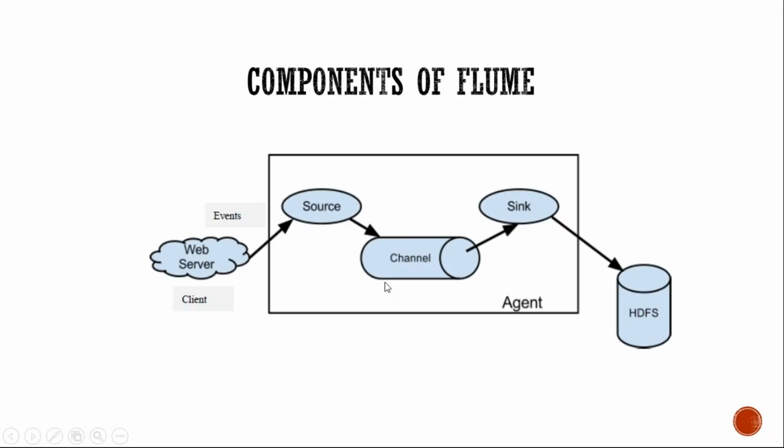But the problem is that the speed at which the data is generated at the source is not equivalent to the speed at which the sink is writing into HDFS. Because some network and I/O is required, since the data is written into a physical disk, there will be some issues or slowness in the way the sink writes into HDFS.